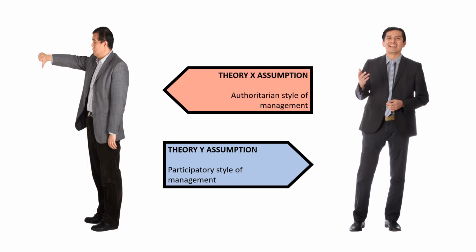Okay, but under theory X, of course they are not looking forward to the work, so they don't have any ideas, so the manager has to use the authoritarian style, has to be more tough on this type of employee.